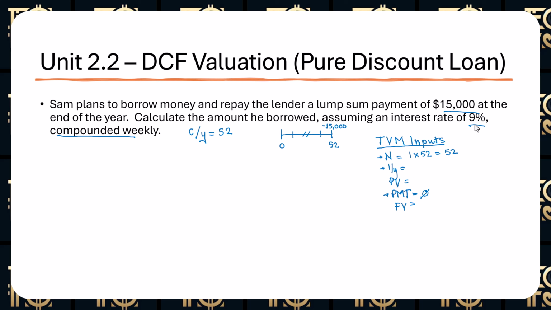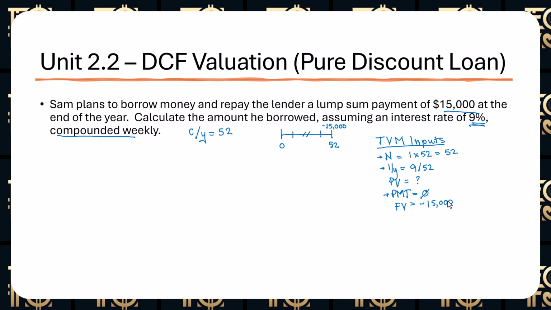Now, when I plug in my interest rate of 9%, I can't just put 9 because that's an APR, that's an annual percentage rate. I now have to adjust it and turn it into a period rate. In this particular example, it's going to be a weekly period rate because I'm going to divide it by 52. We are trying to calculate how much he actually borrowed today, and we know he will have to repay $15,000 at the end of the year, 52 weeks from now.